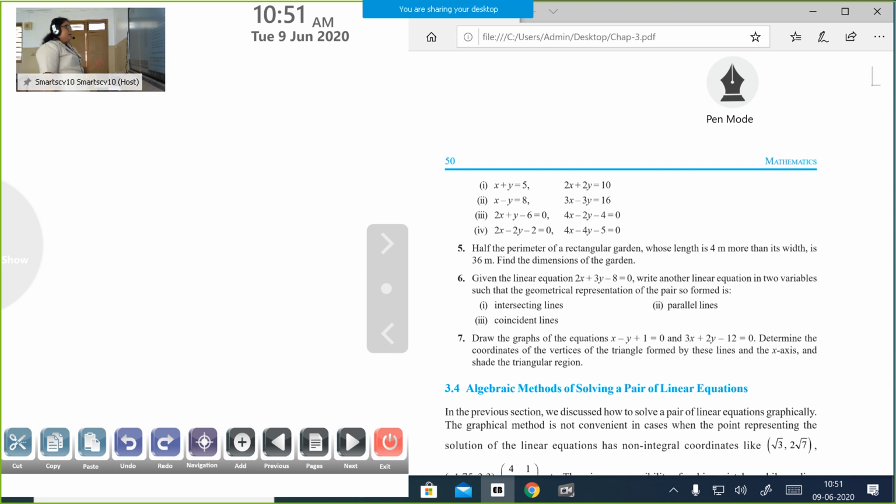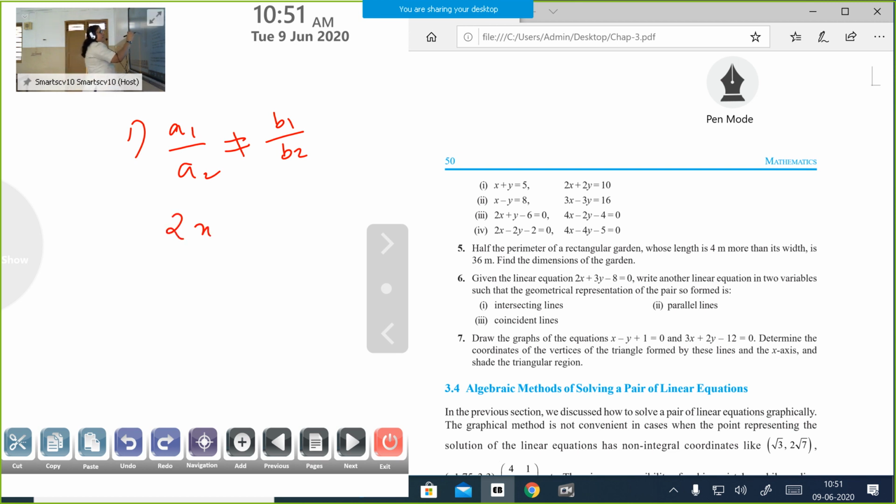We know that for intersecting lines, the ratio of the coefficients, a1 by a2, is not equal to b1 by b2.